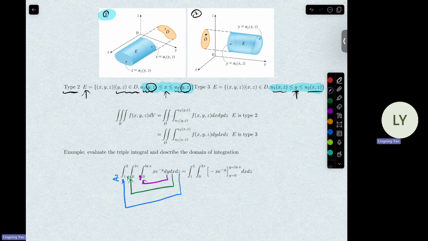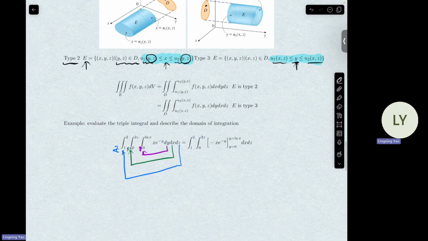So how do we calculate this integral? Over here we're integrating with respect to y. The antiderivative of x times e to the negative y dy is x times the integral of e to the negative y dy, which is x times negative e to the negative y.